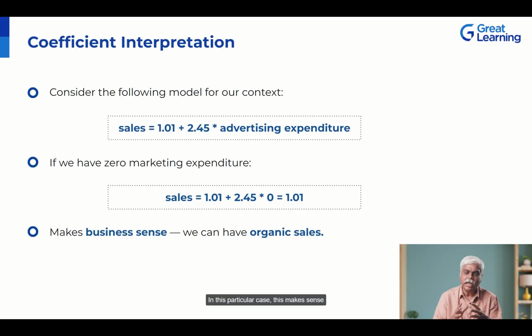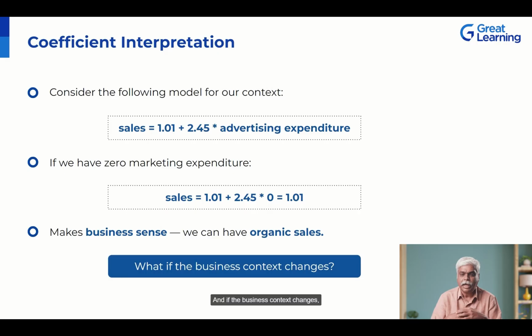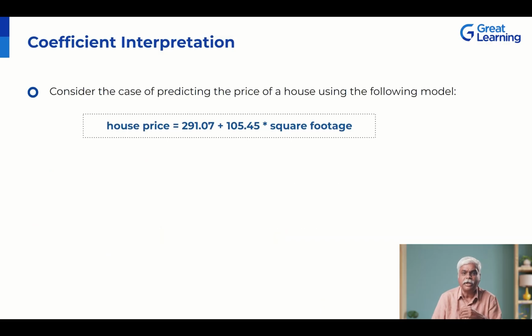In this particular case, this makes sense because even though advertising provides a lift on sales, even without advertising, I may have a base amount of sales. But in many cases, an intercept may or may not make sense of this kind. And if the business context changes, then an intercept may need to be thought of a little differently.